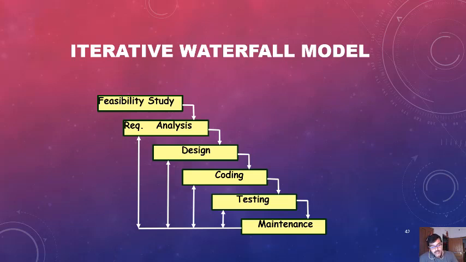Once a defect is detected, the engineers need to go back to the phase where the defect occurred and redo some of the work done during that phase and the subsequent phases to correct the defect and its effect on the later phases. Therefore, in any practical software development work, a feedback path is needed.